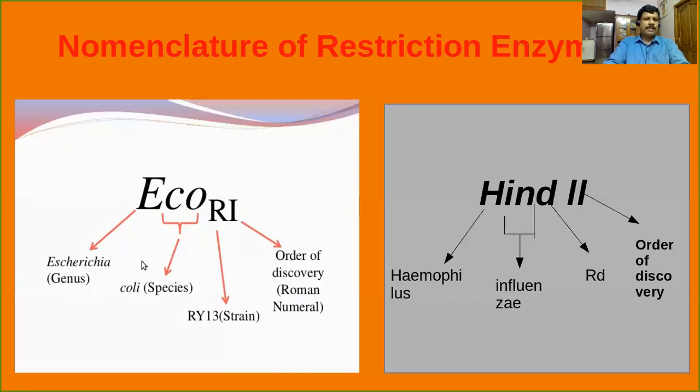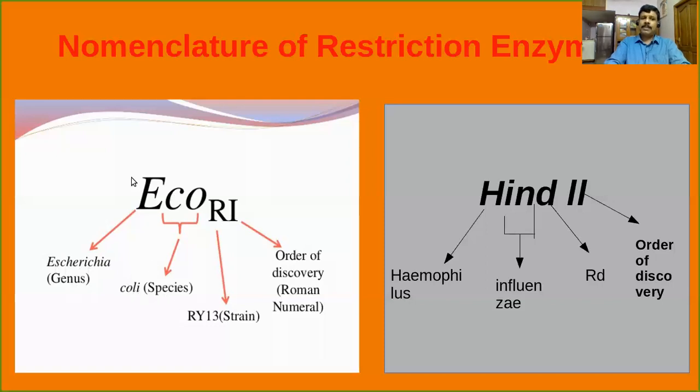Now I am going to discuss the nomenclature of restriction enzymes. Look, the first letter of the restriction enzyme came from the first letter of the genus name of the prokaryotic cell. The prokaryotic cell is Escherichia coli, with Escherichia as the genus name and coli as the species name.